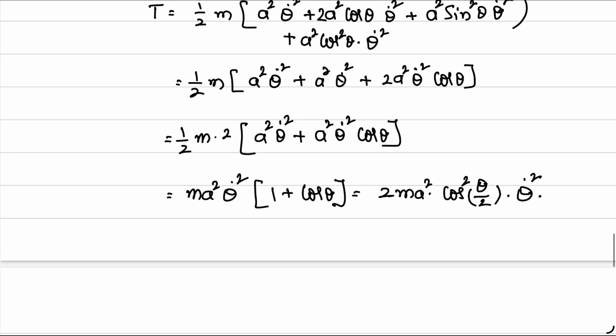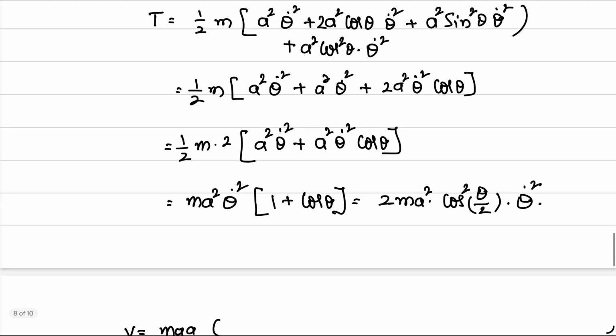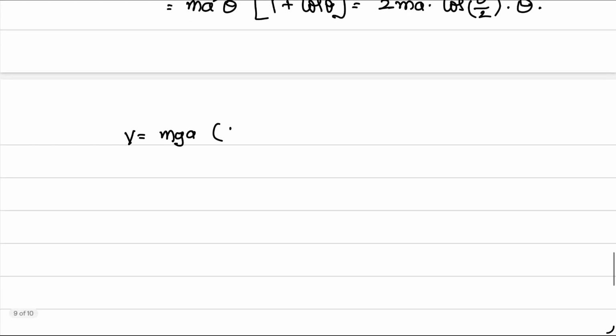First we will write here what is V. V is equal to mGa into 1 minus cos theta. What is the kinetic energy T? T is equal to ma square theta dot square into 1 plus cos theta.